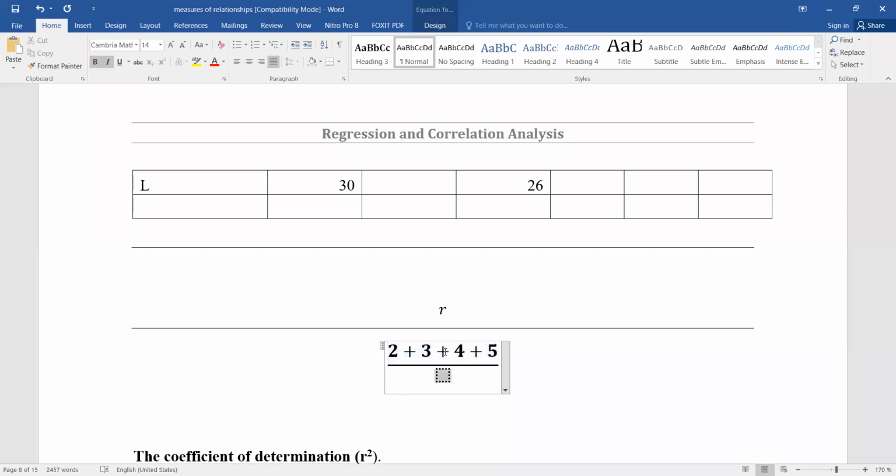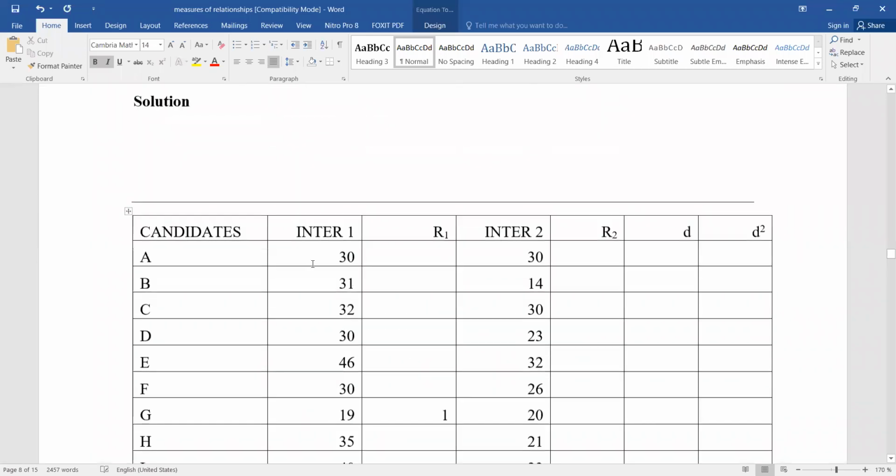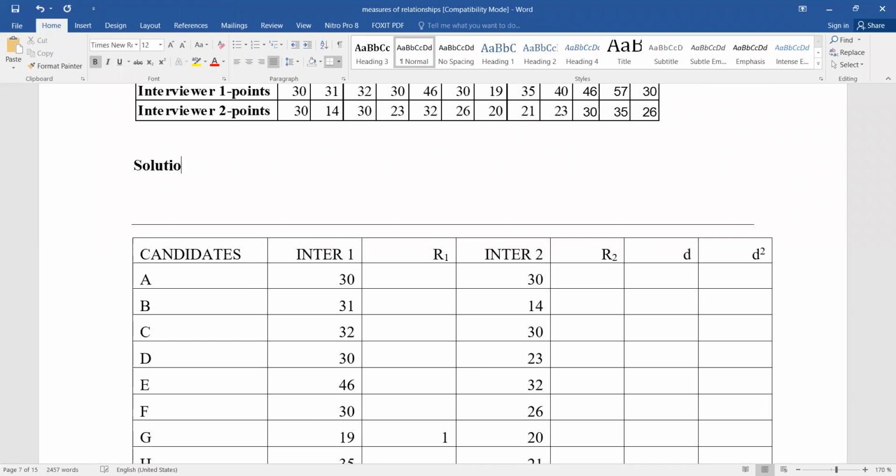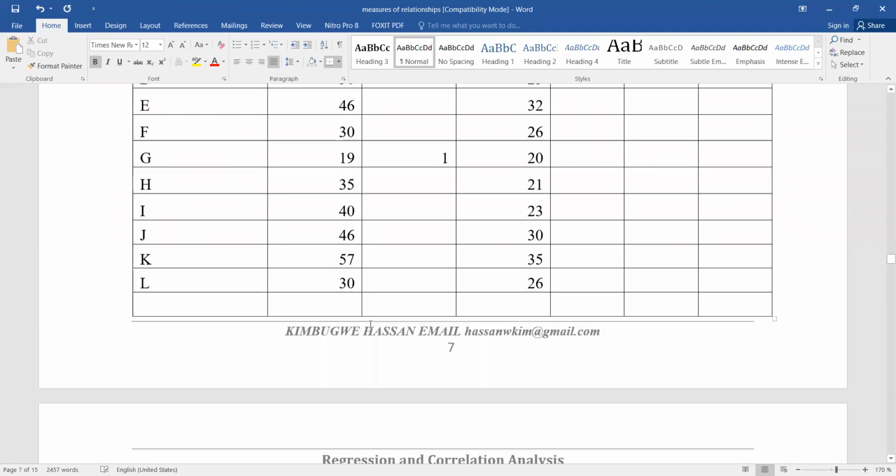So you add them and divide by 4. You'll have 2 plus 3 plus 4 plus 5, divide that by 4, and you get 3.5. Is it clear?